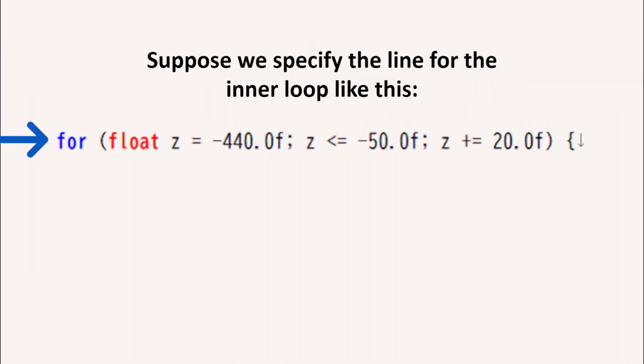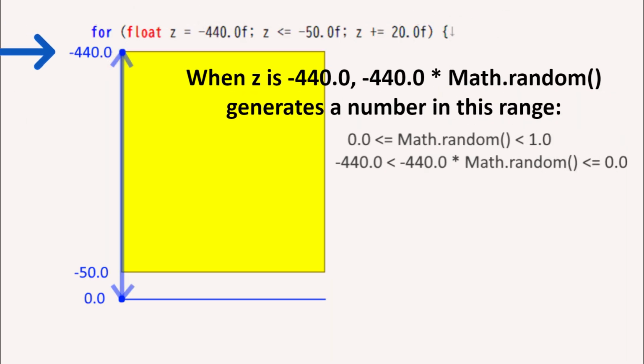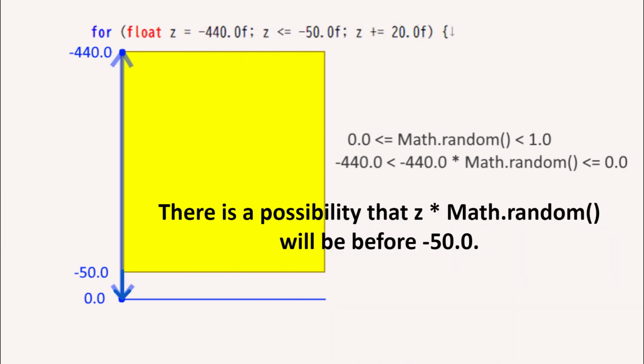Suppose we specify the line for the inner loop like this. When z is minus 440.0, minus 440.0 multiplied by Math.random generates a number in this range. There is a possibility that z multiplied by Math.random will be before minus 50.0.